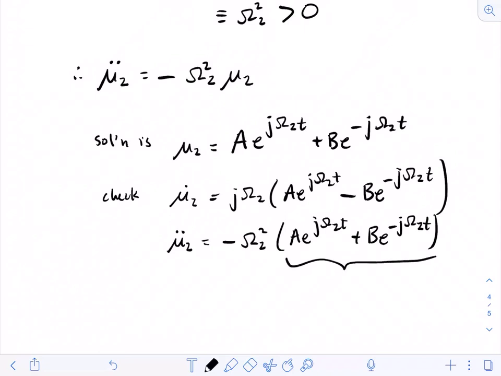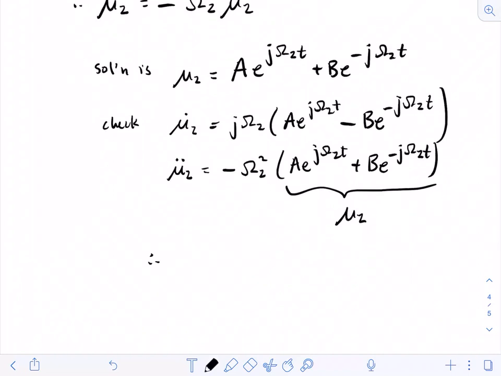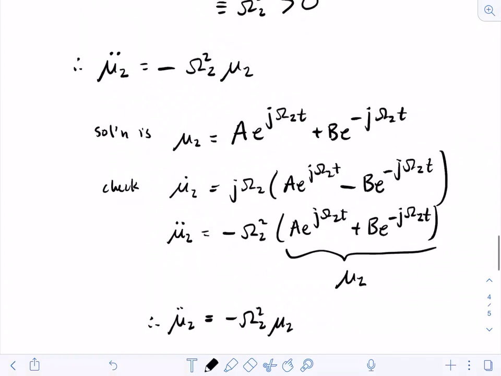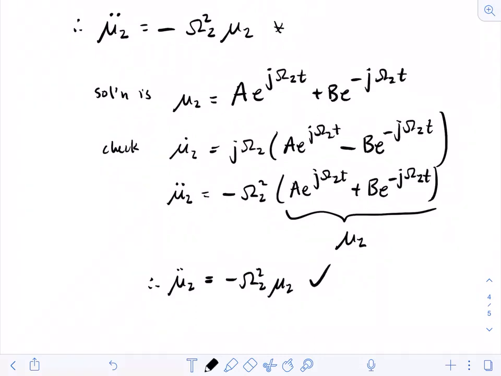But this was exactly the form of our original solution. So two time derivatives of mu 2 is minus omega 2 squared times mu 2, and that was exactly what we were supposed to get. Okay.